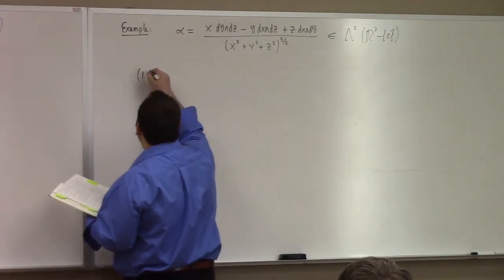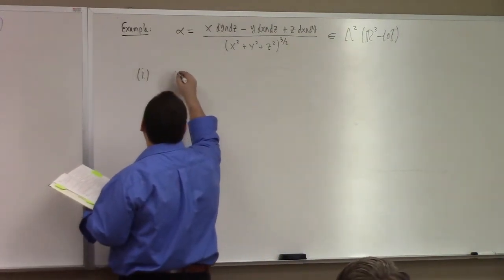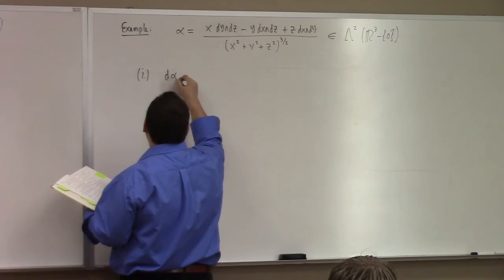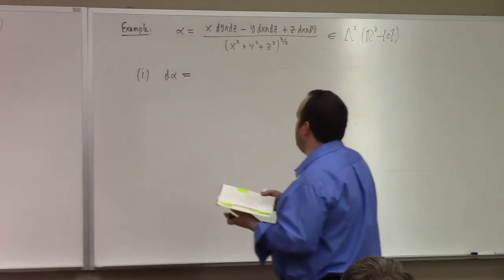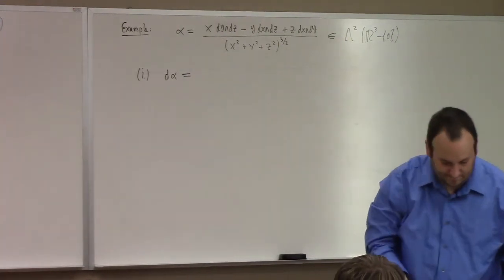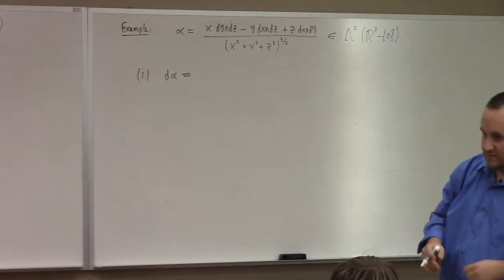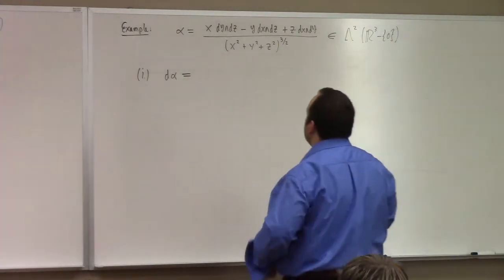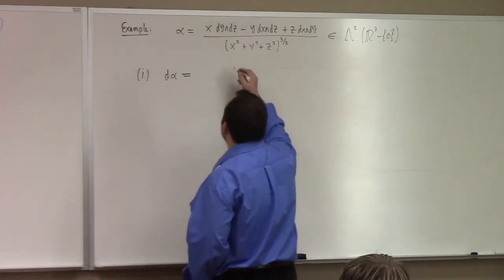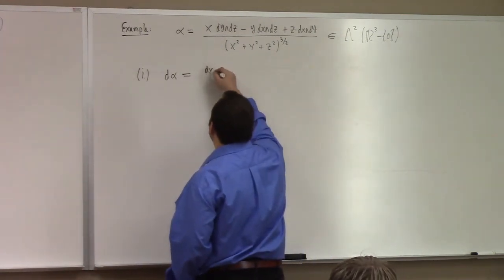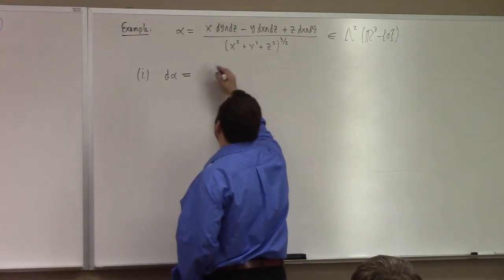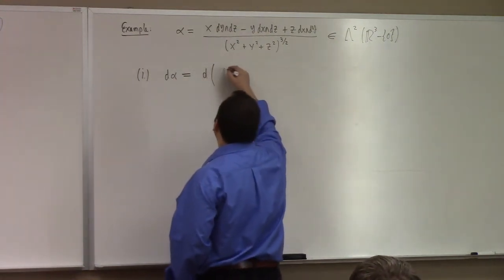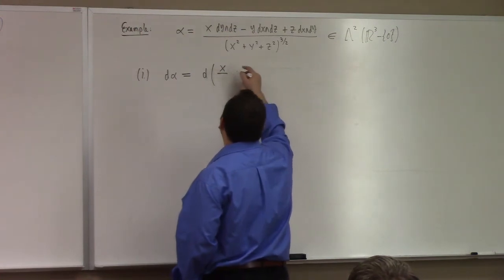So the first one is actually the most fun, but also the one I probably shouldn't even do. But if you calculate d alpha, what happens? If we were going to show that it's closed, it's worse than that. It's d of x over that.